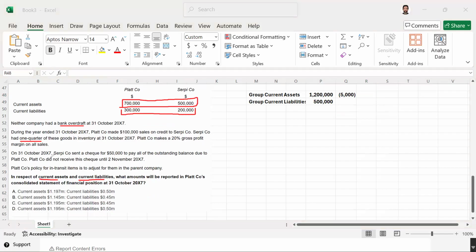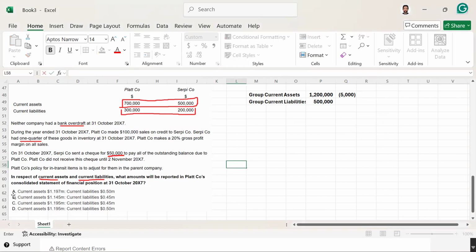I will read it again so that you understand that one company has to make a payment to the other company. The subsidiary company sent a check of 50,000 to pay the outstanding balance due. The company that needs to make a payment has made the payment, which means that they have updated their liabilities, so no need to update that. But the receiving company hasn't received the check. So if they haven't received the check, where is the balance?